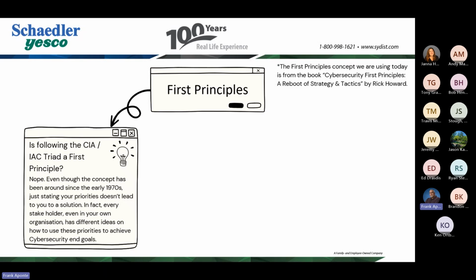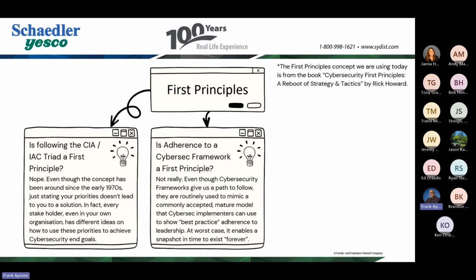Everybody in your organization is going to have different ways of achieving these priorities and goals, and they may have different priorities than you. So is adherence to a cybersecurity framework a first principle? Again, not really. Even though a framework gives us a path to follow, usually they're used to copy a commonly accepted mature model that cybersecurity implementers can then take to their leadership and say, look, we use best practices.